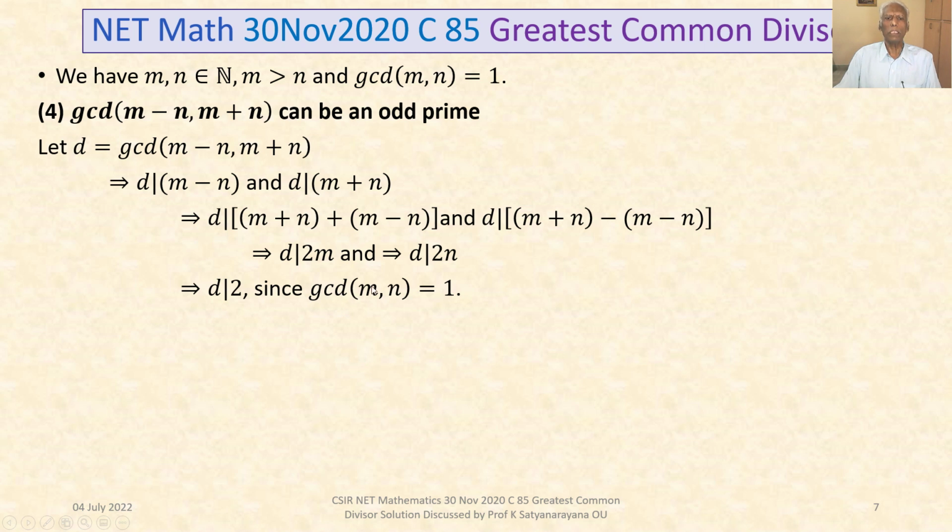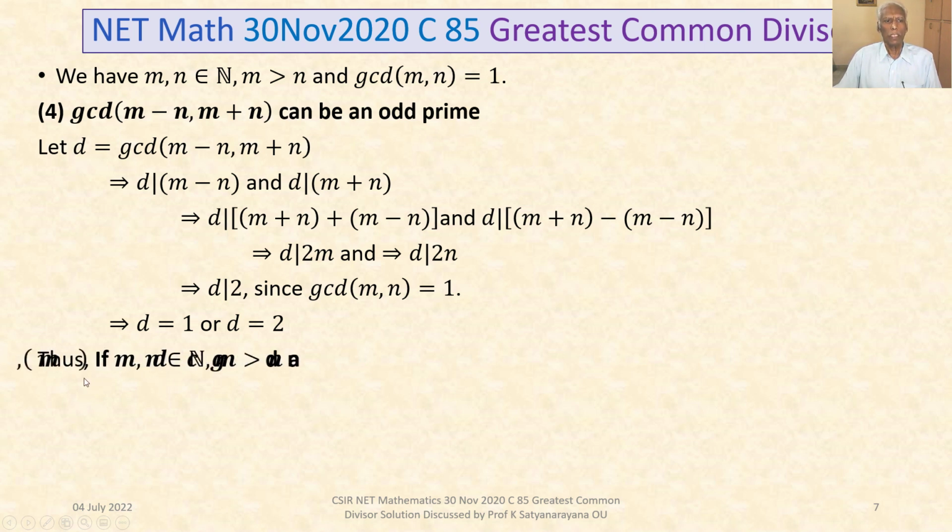Because the GCD of m comma n is 1. So D divides 2 means D is either 1 or 2. That means the GCD of m minus n comma m plus n has only two choices, namely 1 or 2. So it will never have an odd prime.